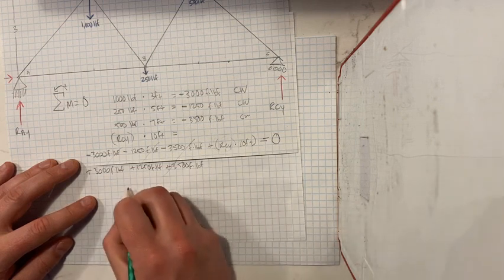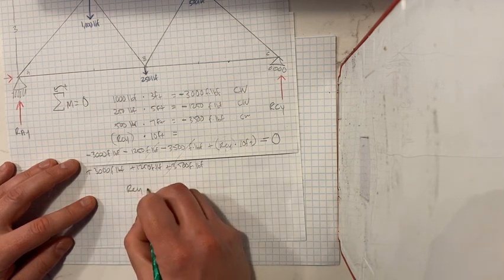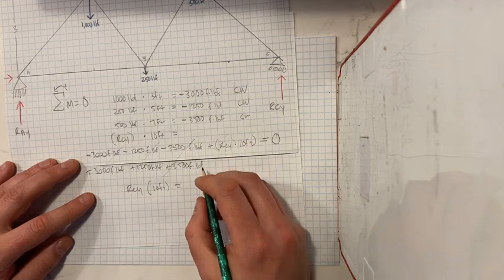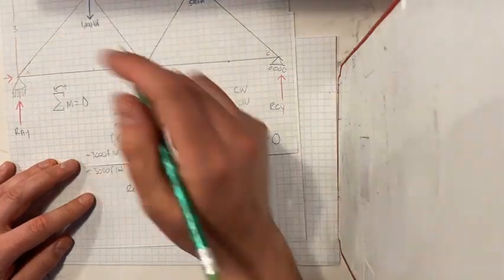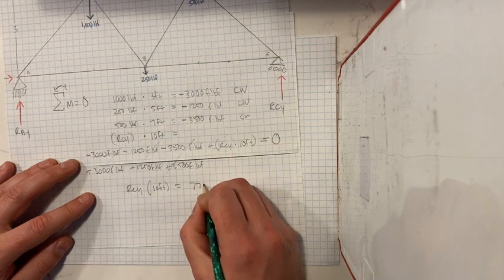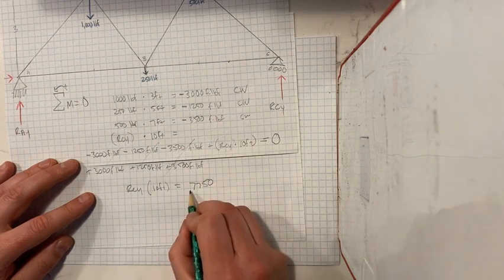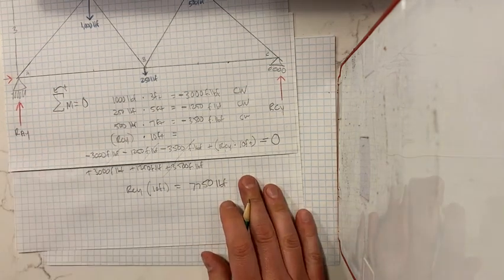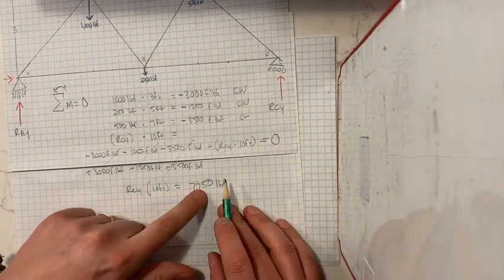I'm rewriting this now as RCY times 10 feet is equal to 7,750 lbf. You will have to check my math on that.